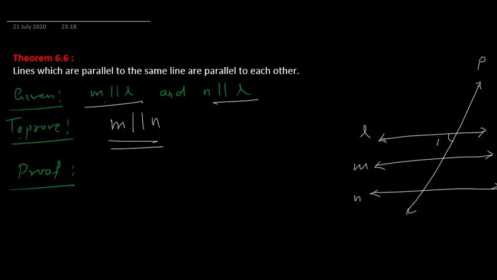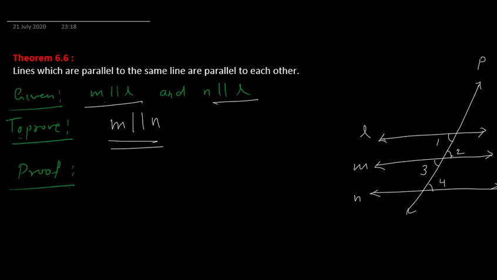Now I am not writing lines as AB, CD, EF, GH. I am writing them in a simple way. So let us say this angle 1, this angle 2, this angle 3 and this angle 4. So 1, 2, 3, 4. I have marked 4 angles.